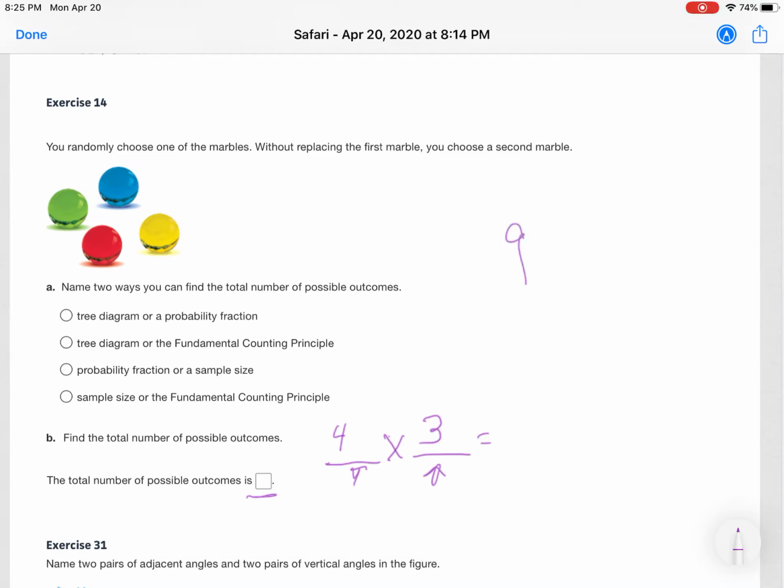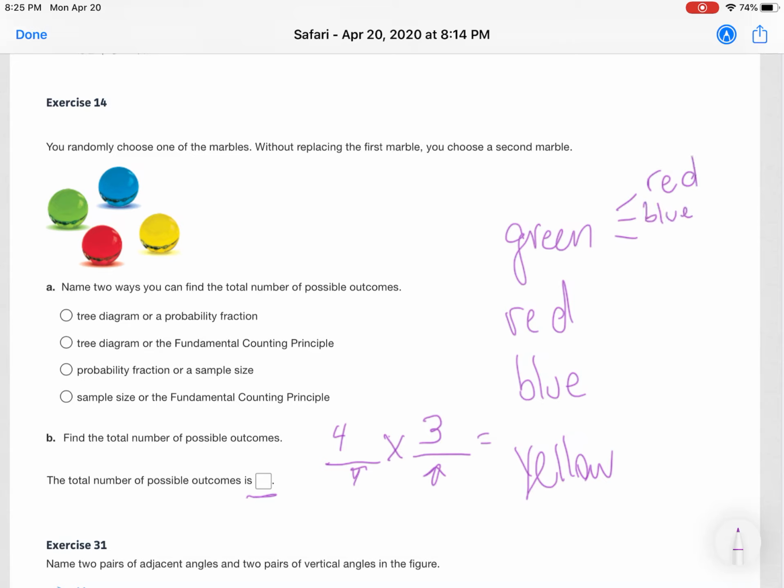So if I were to make a tree diagram, we have green, we have red, we have blue, and we have yellow. If you pick green first, your second choice could either be red, blue, or yellow. Once you've picked the green marble, you cannot pick it again because it says without replacing it. So that's why there's only 3 options for the second marble that you pick.